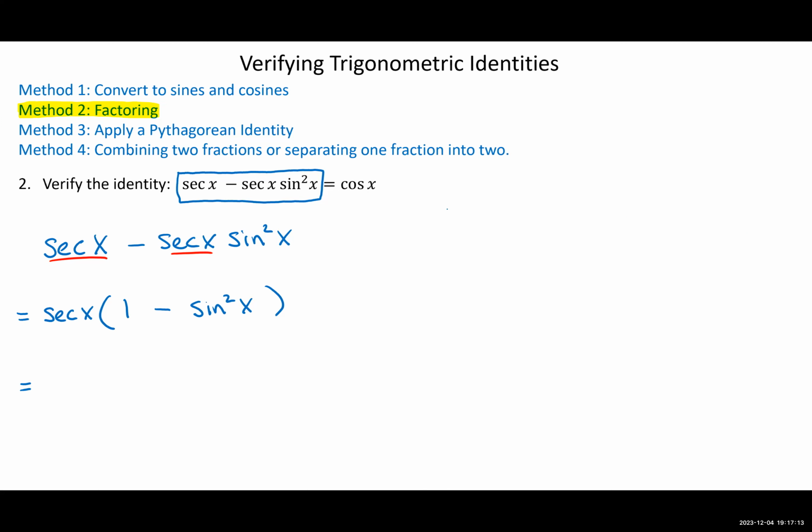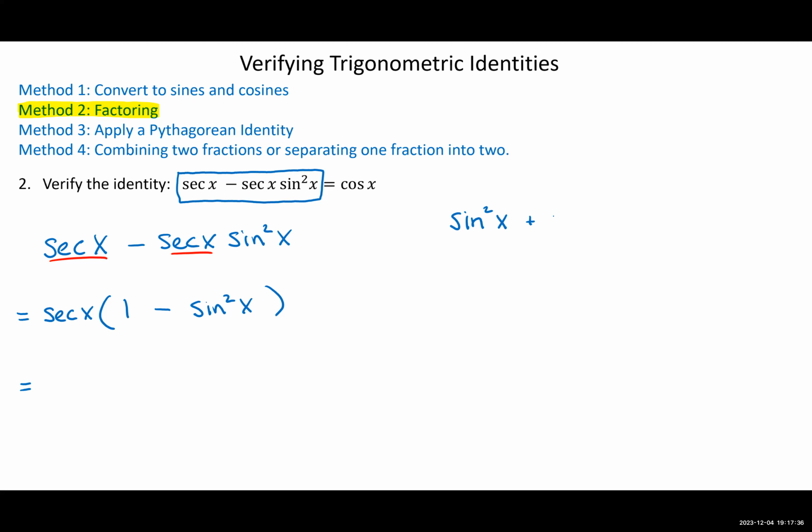Now, this is one of those situations where anytime you see sine squared, anytime you see any of the 6 trig functions squared, think Pythagorean identity. It doesn't mean you're definitely going to use it, but you want to consider it and think maybe this is a situation where I might want to.